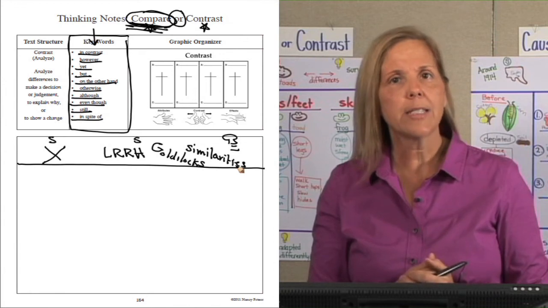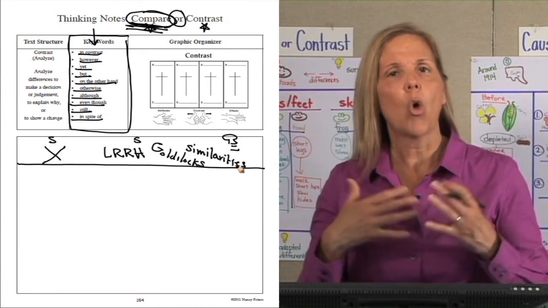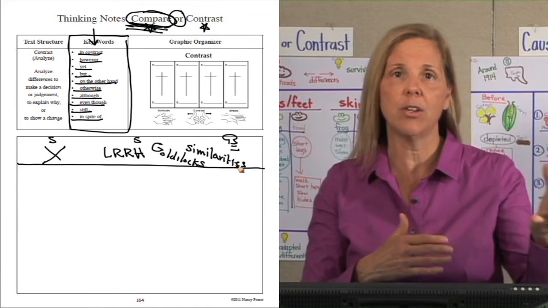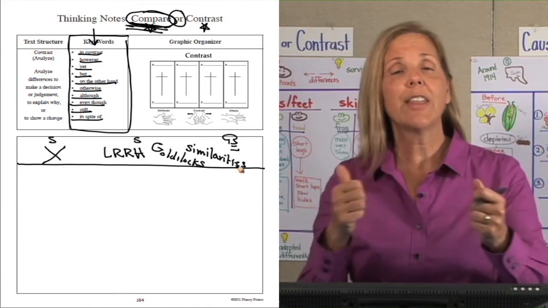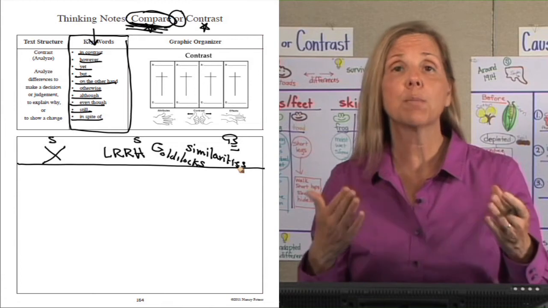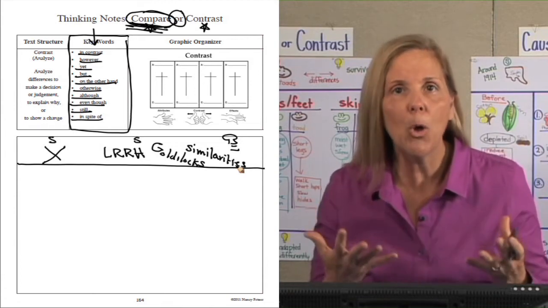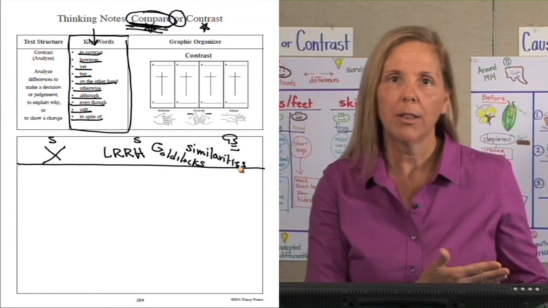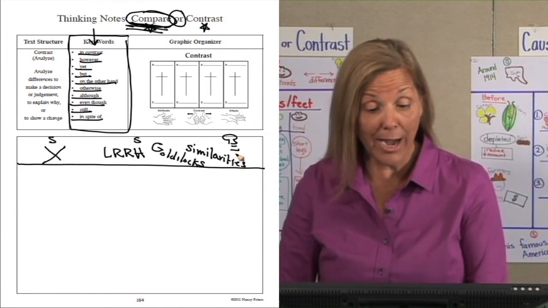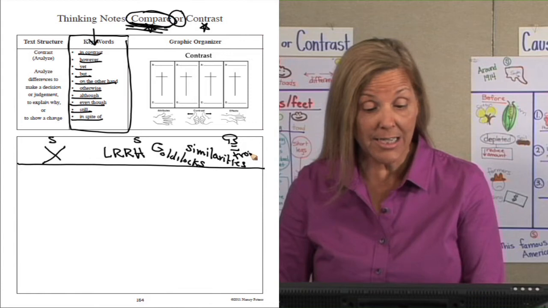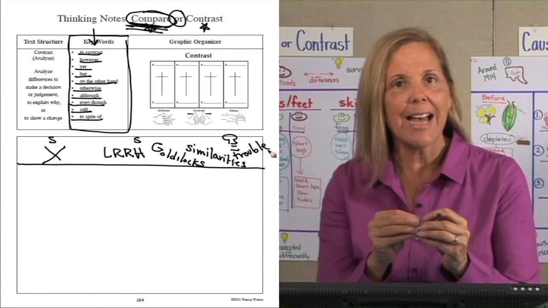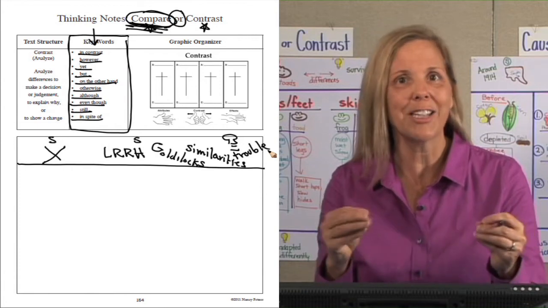Whenever we're analyzing, compare or contrast, the whole reason why we do something is to explain why, and then you fill that in. So we will look at their similarities to explain why both characters ended up getting into trouble. Oh, that's great. Yes, they did. Both did get into trouble. And it's similarities that they had that explain why they both got into trouble.